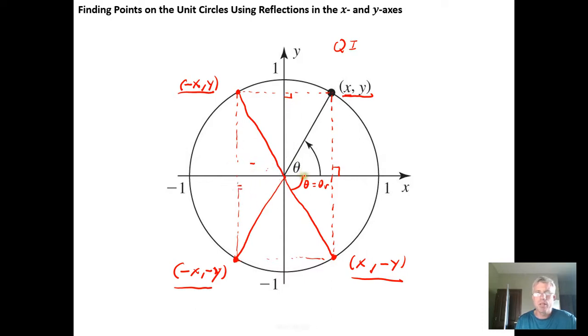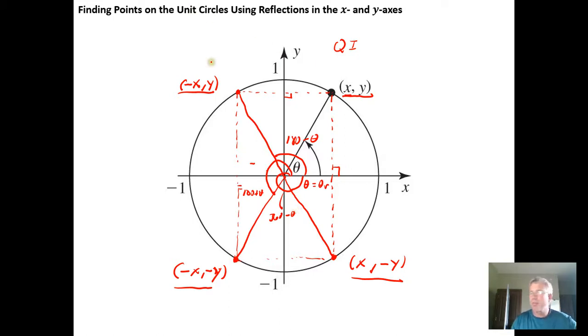This angle right here is 180 minus theta. This angle right here is going to be 180 plus theta. And then this angle right here is going to be 360 minus theta.